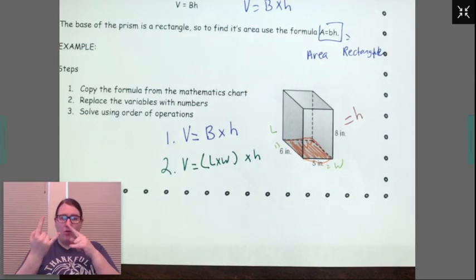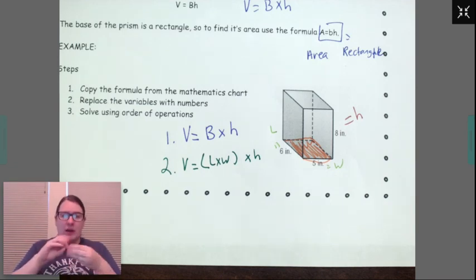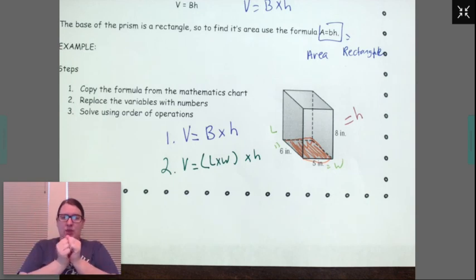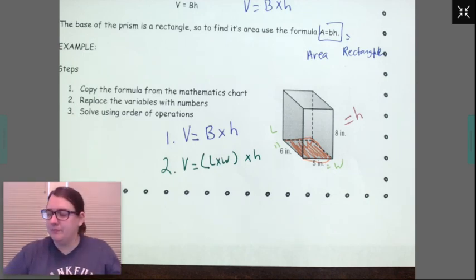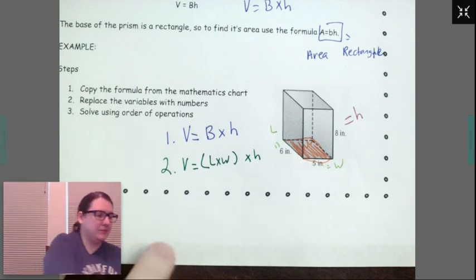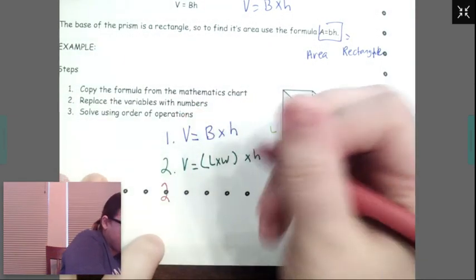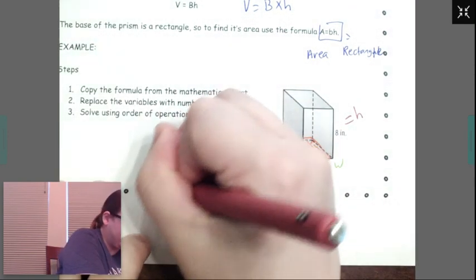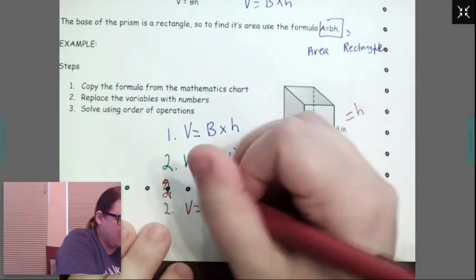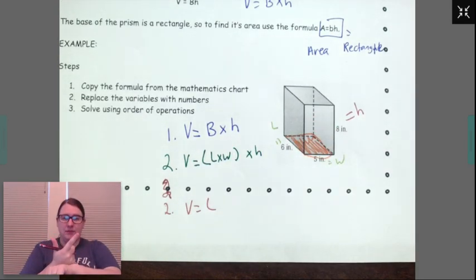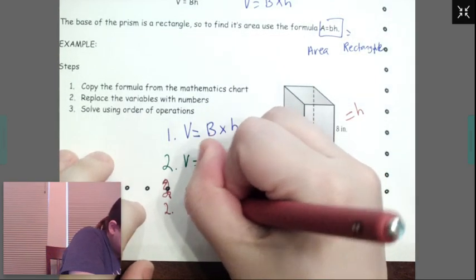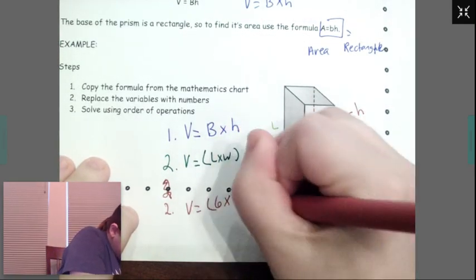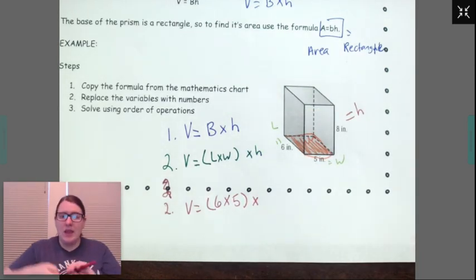Now I can really do my number 2 and replace my variables with numbers. My length, 6. My width, 5.